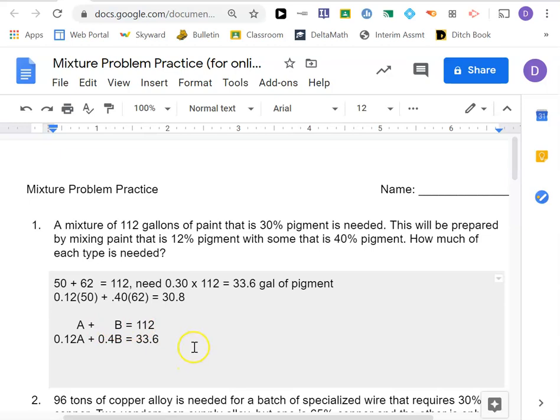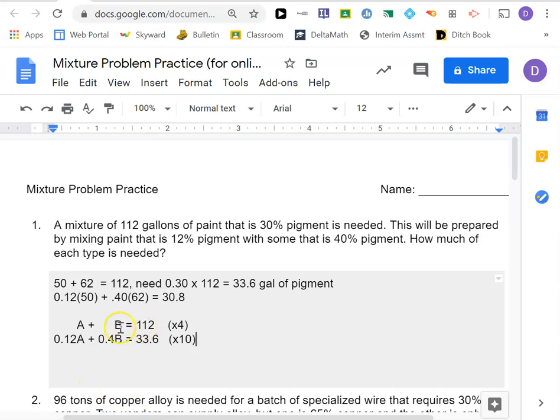Okay, so if we make this a little cleaner here, then we can maybe see it better. So I've got those things, and what am I going to do now to solve that system of equations? Well, I think I'm going to multiply this equation by 4, and I think I'm going to multiply this equation by 10. Now, why would I do that?